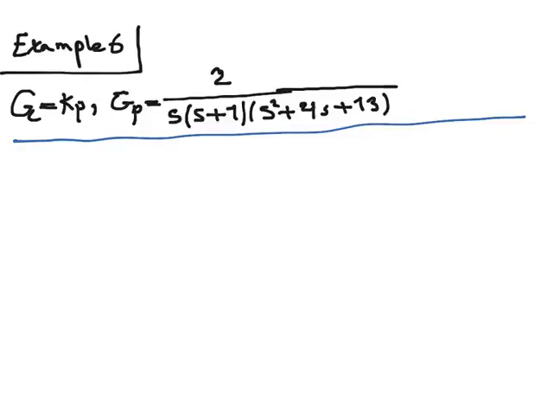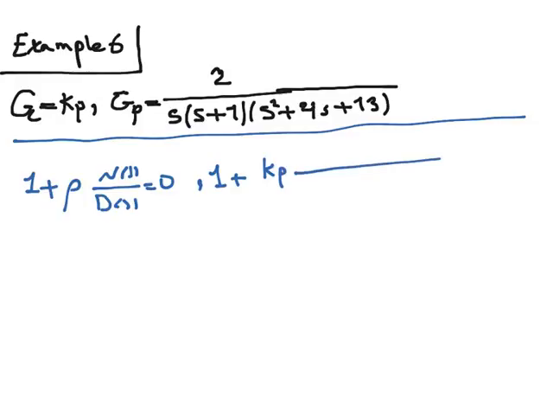But before going forward, let's rewrite our problem as 1 plus rho times ns divided by ds. And according to the values that we have for GC and GP, we can write 1 plus KP times 2 divided by S times S plus 1 times S squared plus 4S plus 13 equal to 0.